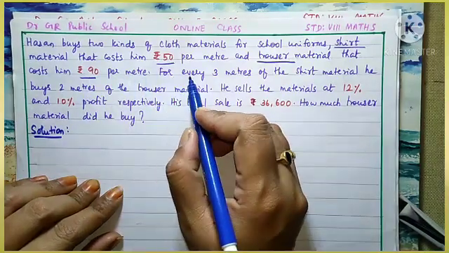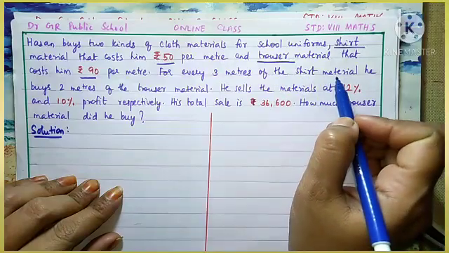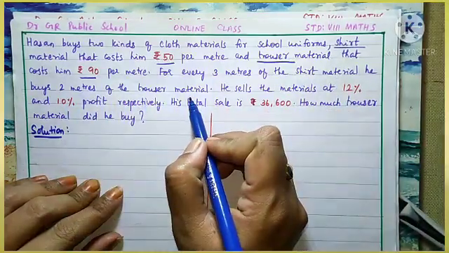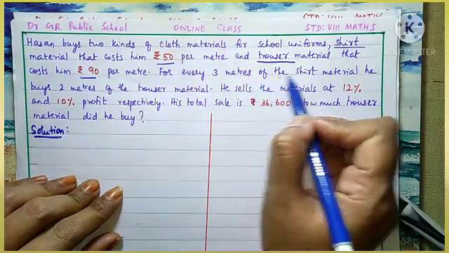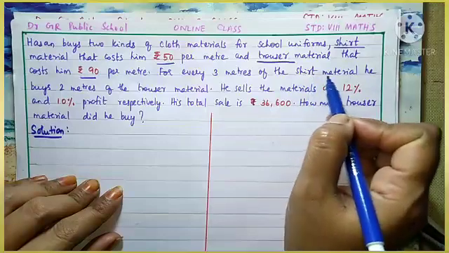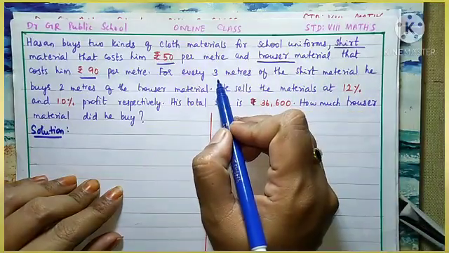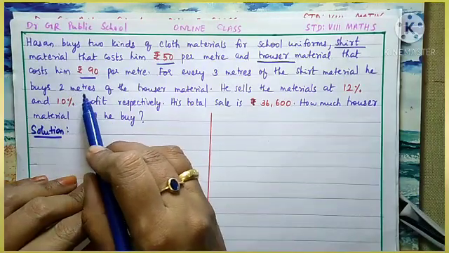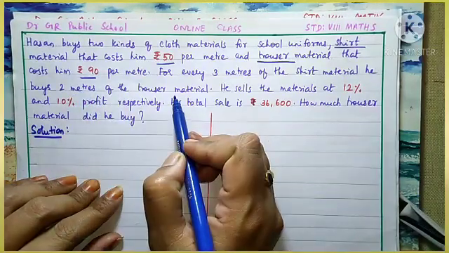Now, for every 3 meters of the shirt material, he buys 2 meters of the trouser material. What does it mean? Shirt material requires more length. If he is choosing 3 meters of shirt, then he will buy 2 meters for trouser.